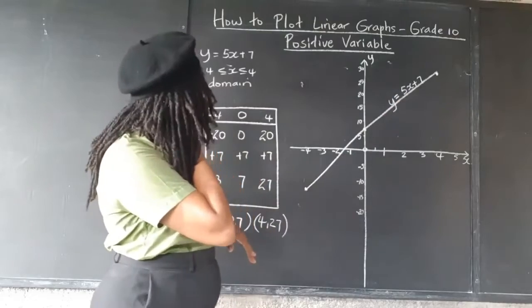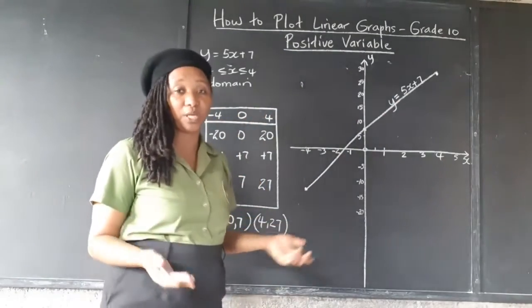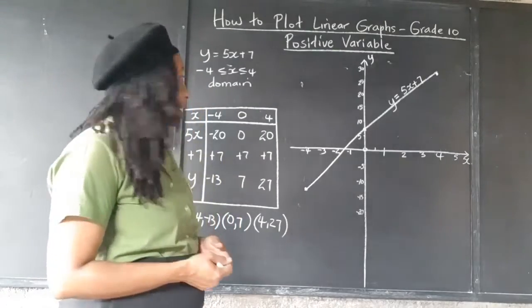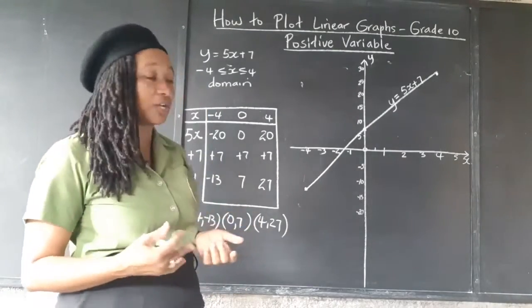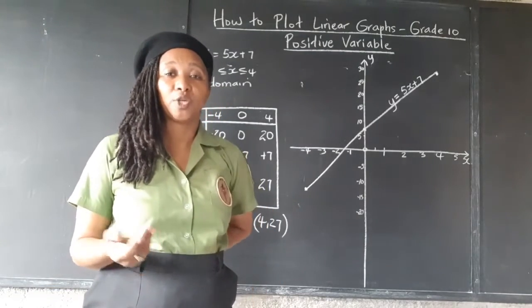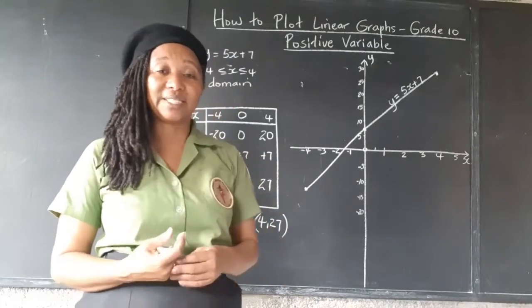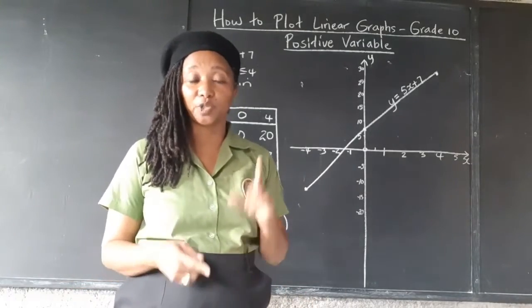So when the variable, the x or the y or the p, whatever your variable is, in a linear equation you'll have one variable. Even if it's more than one, you'll be able to combine them because they should have the same power and the highest power should be 1.